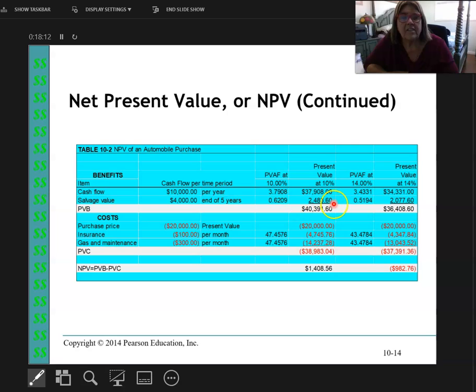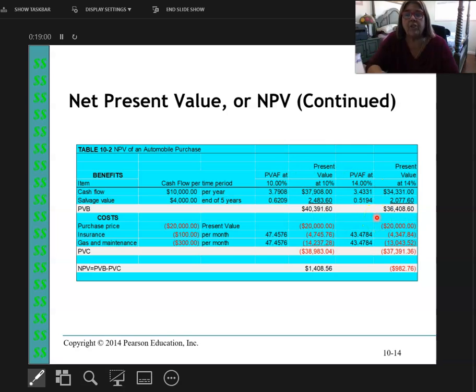You know what, I think I'm wrong on this one. I get a little confused myself. I can sell it for $4,000 at the end of 5 years, so today it's only worth $2,483 at 10%. Here's what it's worth at 14%. So these are the benefits, the present value at 10% and at 14%.